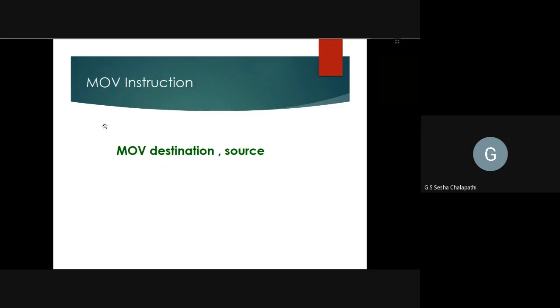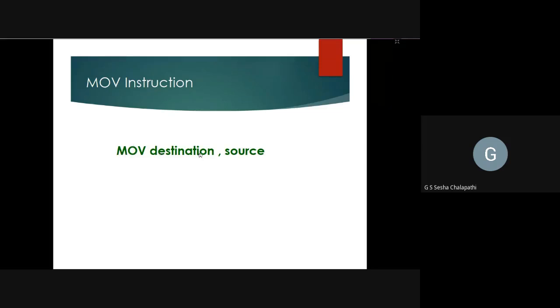So now, in our discussion, we will be using the move instruction, which is one of the simplest of the instructions. Using move instructions, we will be discussing the further topics called the addressing modes. Now, what does the move instruction do? In 8086, the syntax of the move instruction is move space destination comma source.